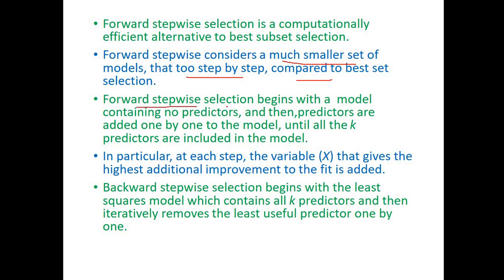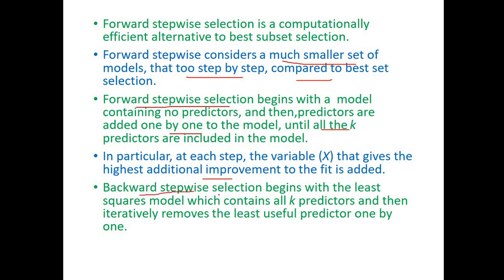So forward stepwise selection begins with a model containing no predictors, and then predictors are added one by one to the model until all k predictors are included. At each step, the variable x that gives the highest additional improvement to the fit is added.